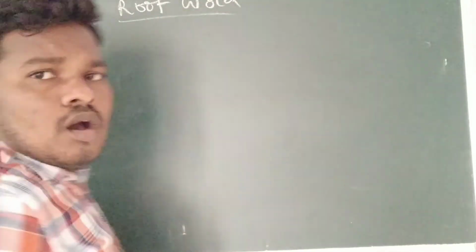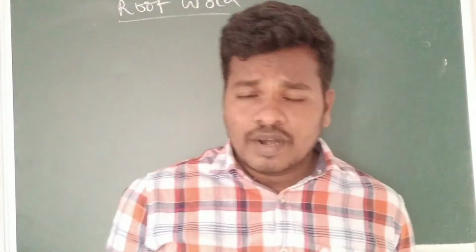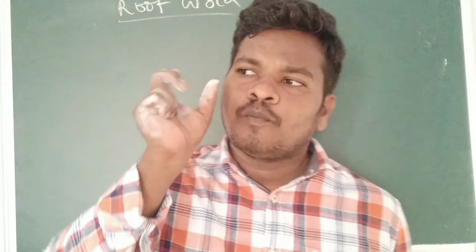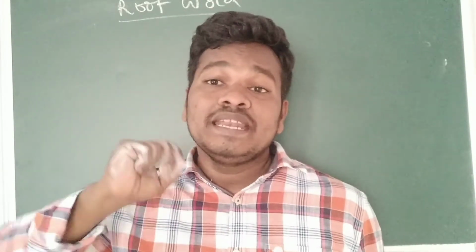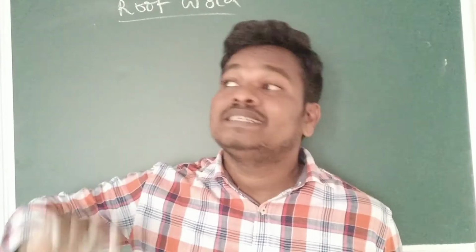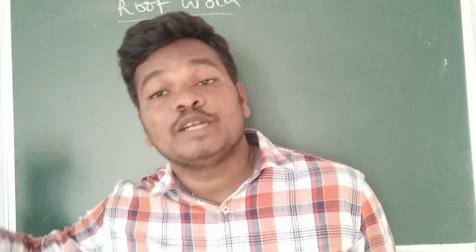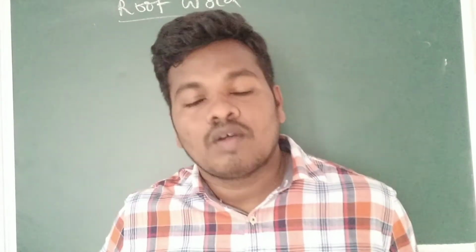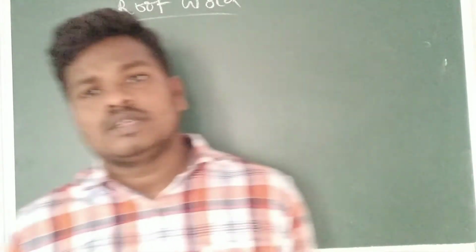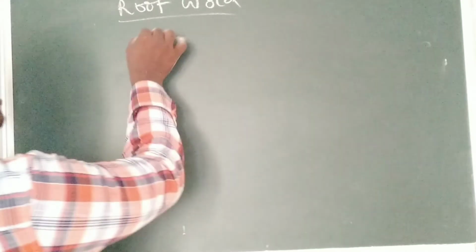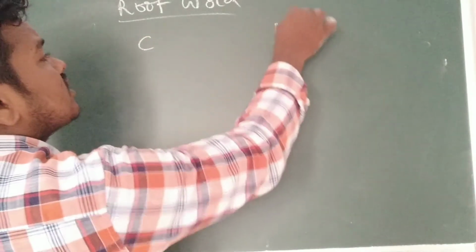What is meant by a root word? A root word is nothing but, in a given carbon chain or given molecule, how many carbons are presented on the longest chain or principal chain. That is called the root word. The number of carbons presented in a given molecule, what is its name?